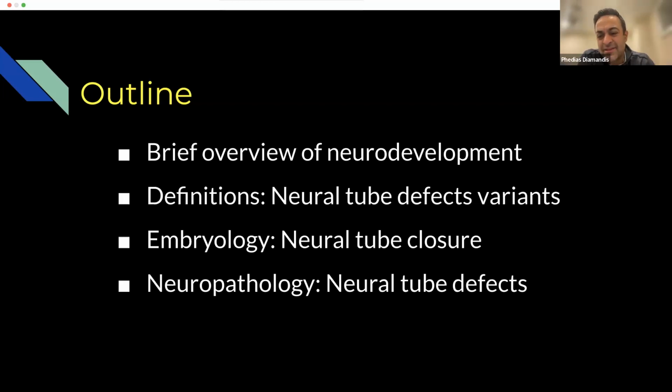Then we will go back to the embryology just to really focus in on some of the specifics that may be going wrong in different disorders of the neural tube closures. And then we'll go back to the neuropathology and just review some of the gross and microscopic findings that you may encounter for each specific disorder.